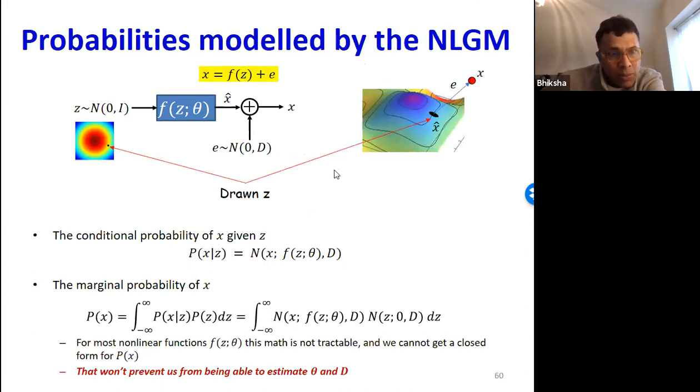Now, here are the probabilities modeled by the NLGM. First, consider any data point. This noise over here is a Gaussian. It's a zero mean Gaussian with some isotropic noise, with some covariance, and we're going to assume that the covariance matrix D is diagonal.